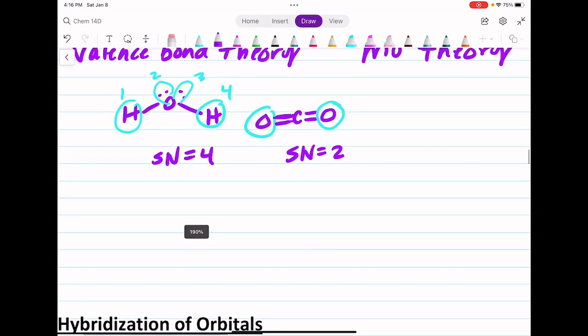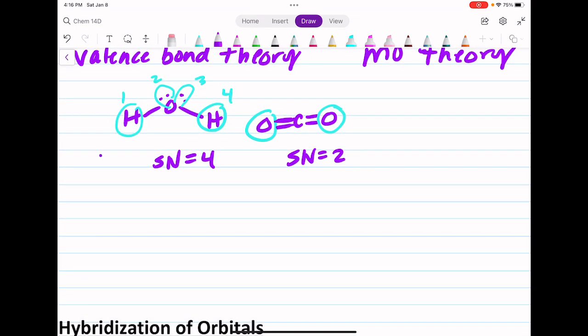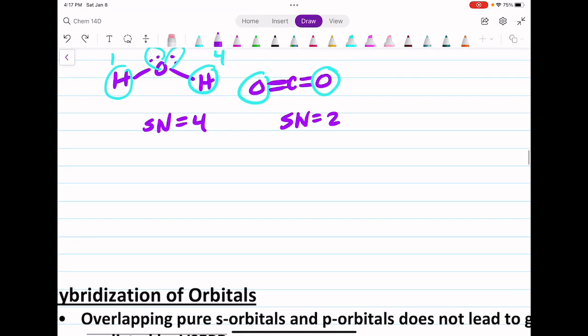So the best way you can space apart 4 things, meaning the bonded hydrogen, the other bonded hydrogen, and each one of the lone pairs, when you have a steric number of 4, so 4 things you want to space apart, the optimal distance between those things would give you what's called a tetrahedral arrangement. So I'm just going to do this generically with little circles. I'll fill them in so they don't look like oxygen atoms. So you have this central atom right here.